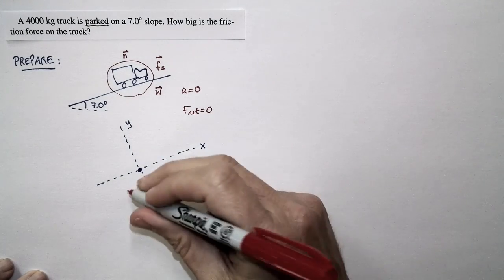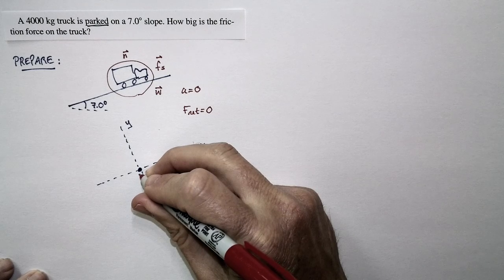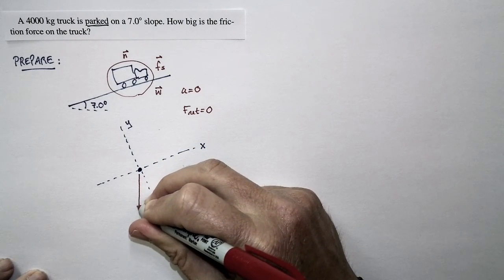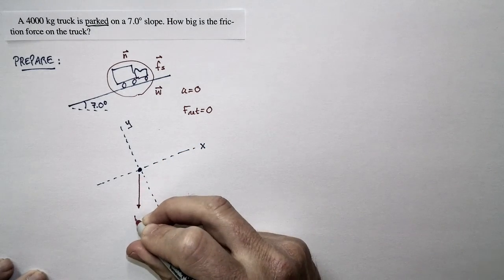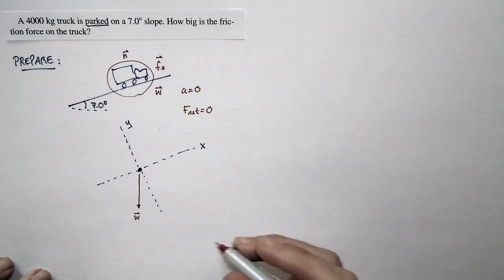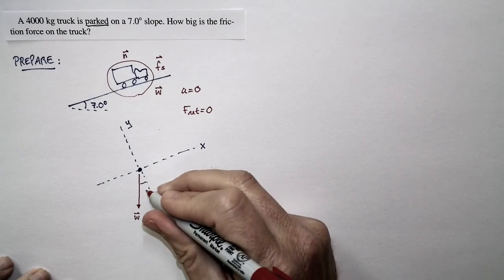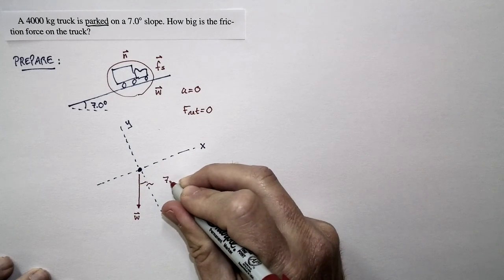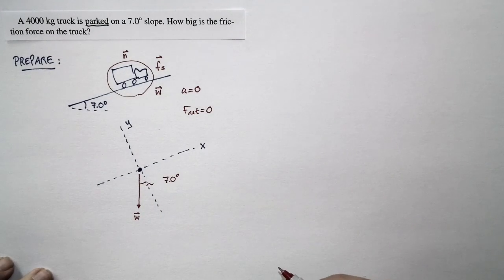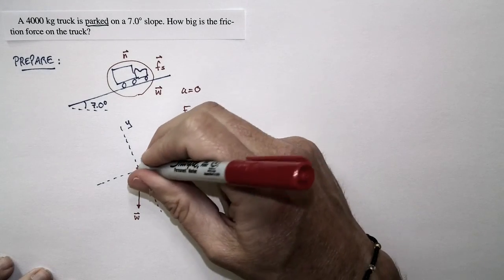Now there's three forces at work. There's the weight force, and the weight force is directed straight downward. Now this angle right here is the same as this angle right here. So this is 7.0 degrees. There's two other forces that act.